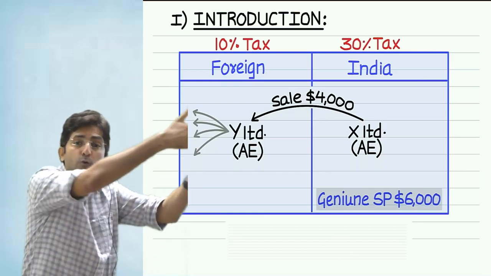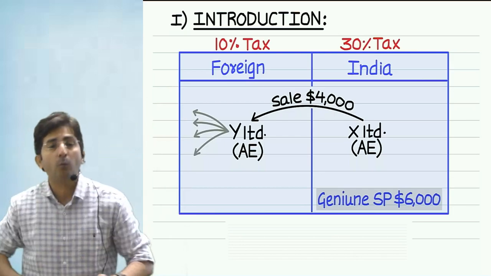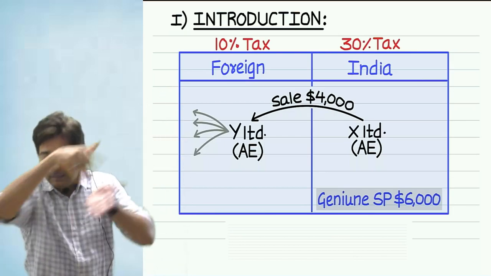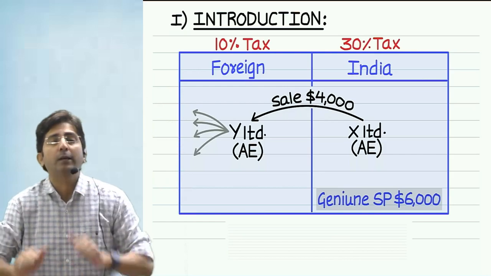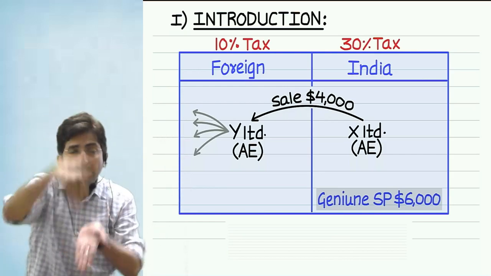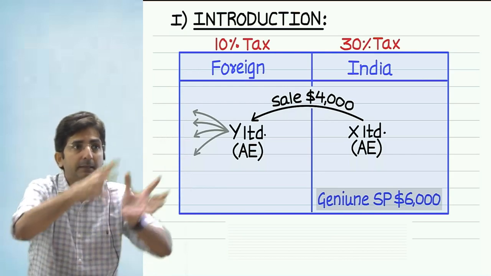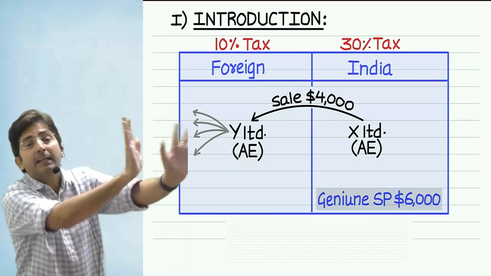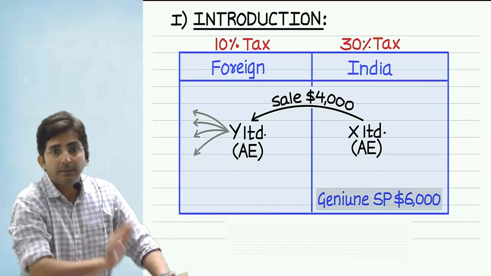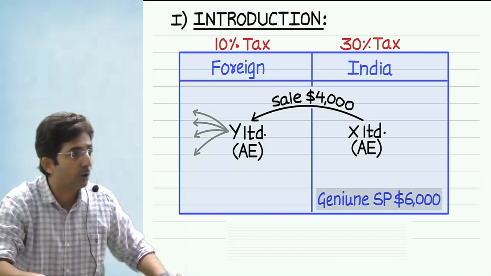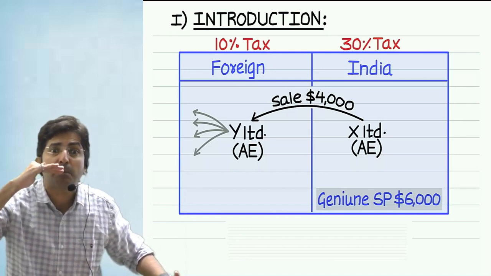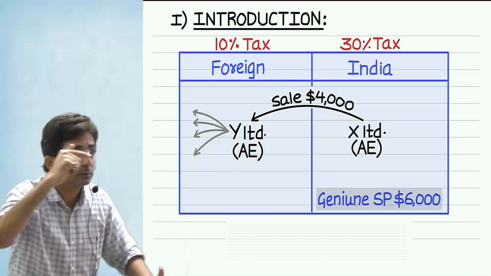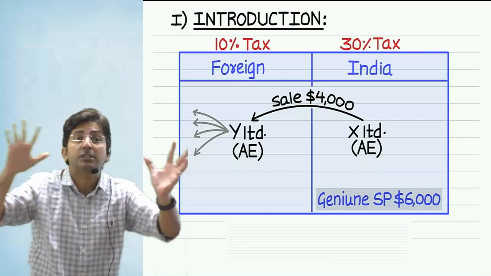If they want to sell goods in the Indian market, they don't sell directly to Indian customers. They form a separate entity here and then sell the whole lot to that entity at a manipulated price so that they can show less sales. This is not a practice adopted only by Indians. It's an international practice. That is what the chapter is about, international taxation.